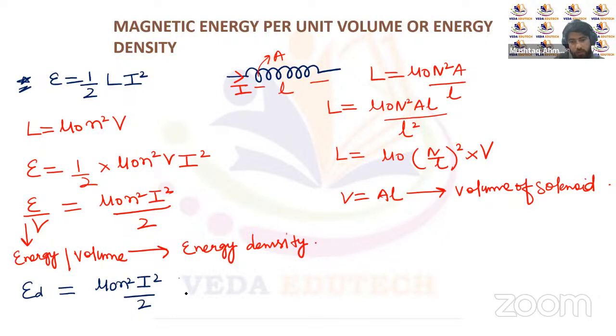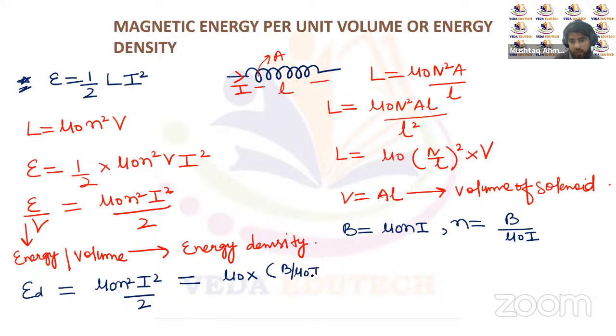Now we can make a little modification in this. We know that the magnetic field in the case of a solenoid is mu naught nI, so let's replace this n by B upon mu naught I. We'll be left with mu naught times B upon mu naught I whole square, multiplied by I square upon 2.